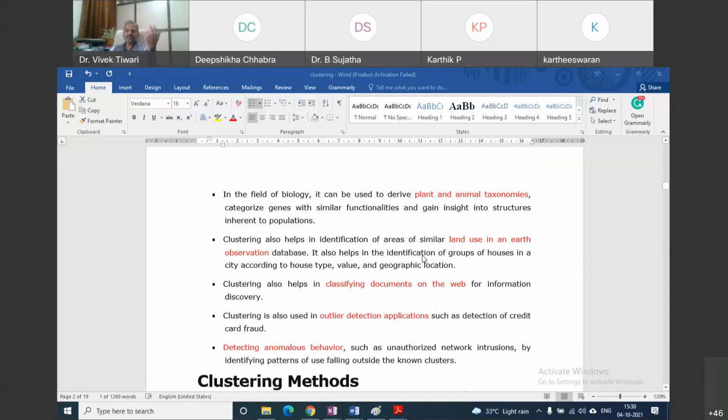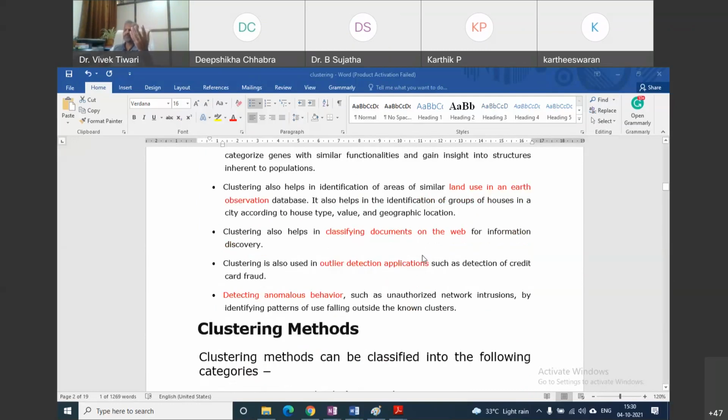If you want to create a plant taxonomy or animal taxonomy, the clustering will be there. Geospatial applications are where you need to analyze geospatial images, the raining pattern or flood pattern, through the data points.